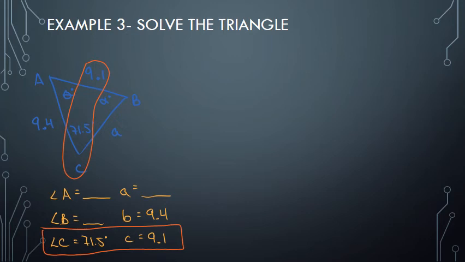See, it doesn't rhyme, so that's why you need the row. Anyway, it looks like to me there's only one thing I can find right now. I can only find angle B. I don't know either angle A or side A, and remember, we can't find one without the other. You need one of those two things. So I got to find angle B first. And again, there's nothing new with what I'm solving for, though.